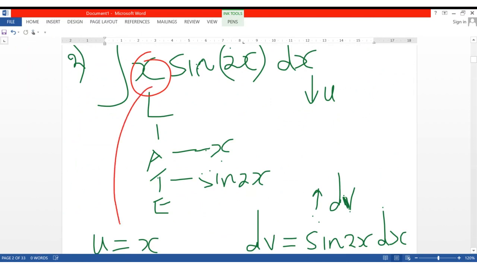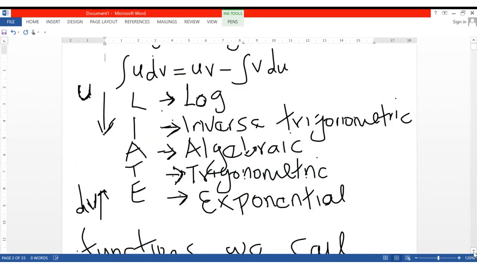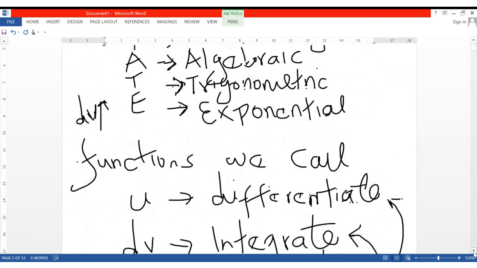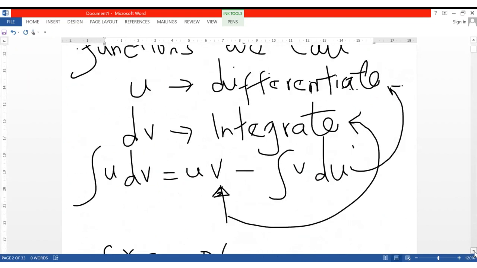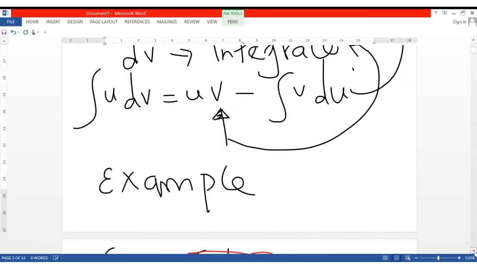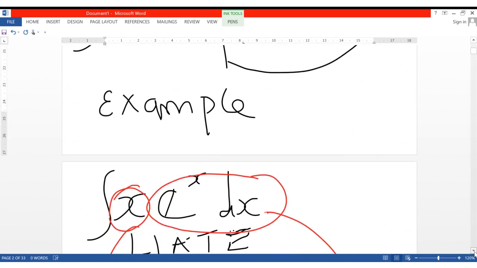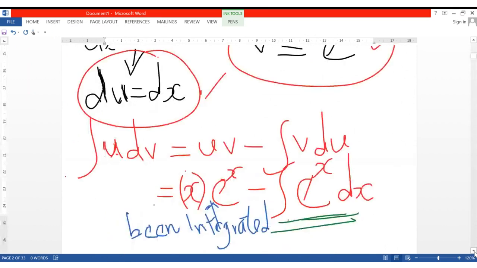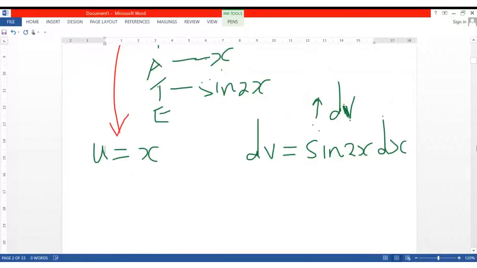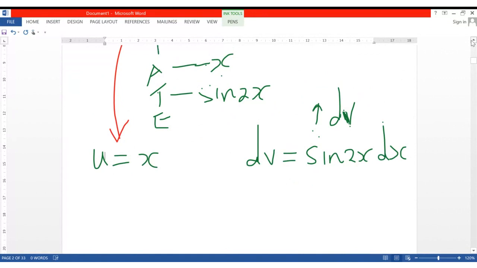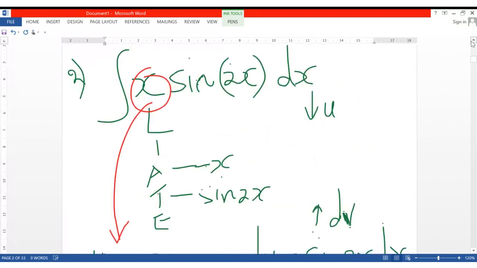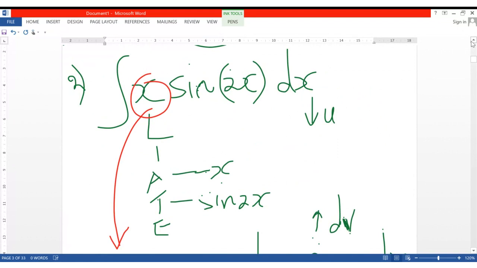Now whatever that is remaining, the whole of the function that is remaining here, this one here, I'm calling it my dv.